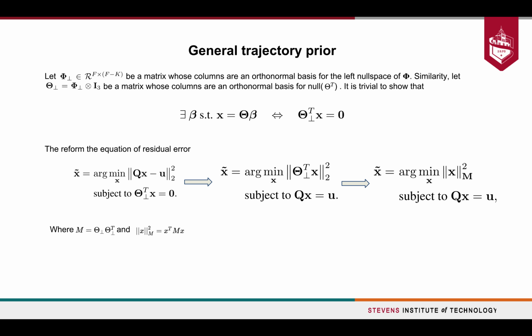So they reformed the cost function to minimize the structure in the null space of the trajectory basis, subject to the projection.